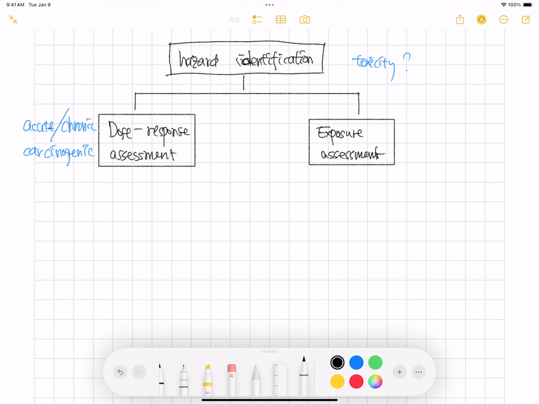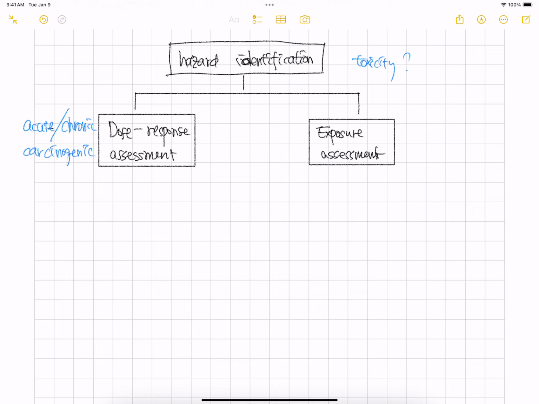So, for example, in this step, we evaluate the exposure routes, whether individuals will be exposed through oral ingestion, or whether inhalation or dermal exposures are expected or not. And also, we need to take age into consideration, and we also need to consider whether there is any synergistic effect or not.